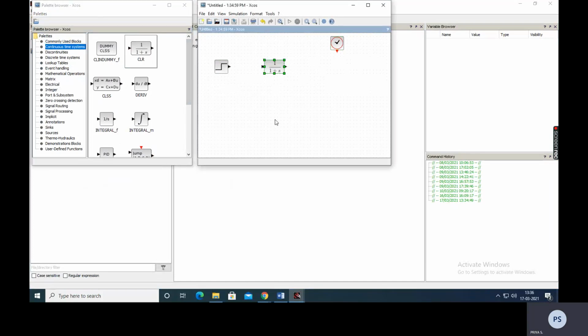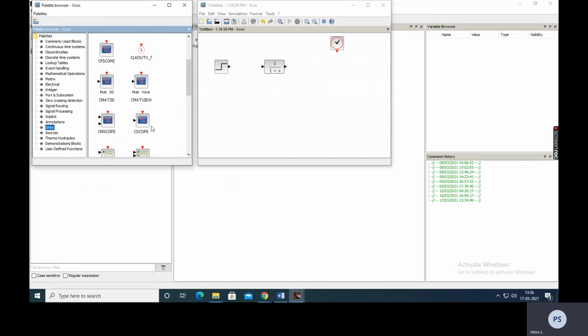I want to see the output with the help of your CRO. So in that you have your scope. So take your scope also. Very simple, you can understand.